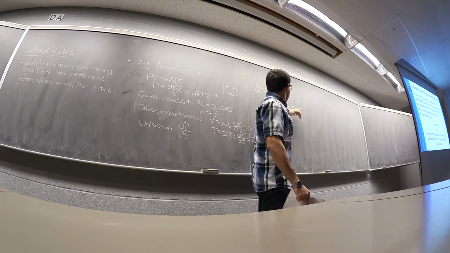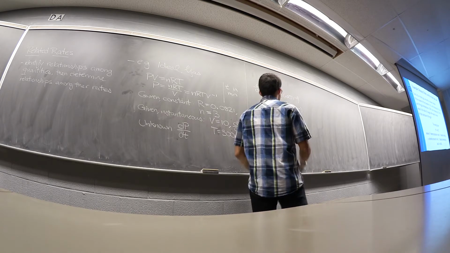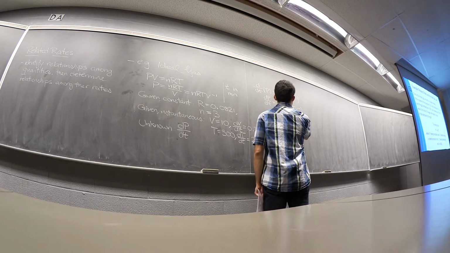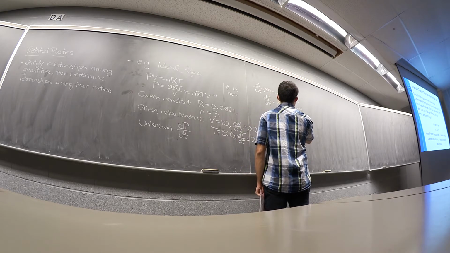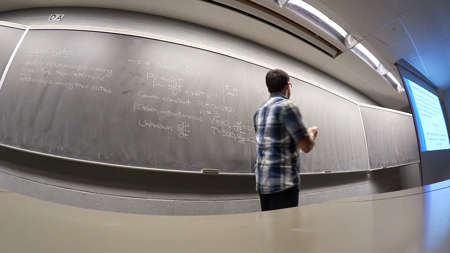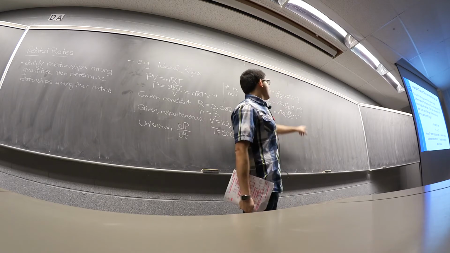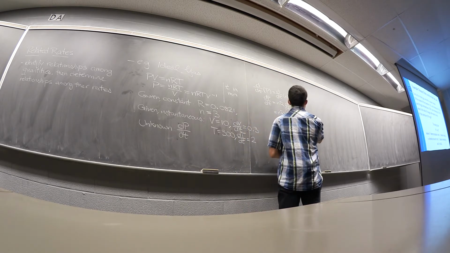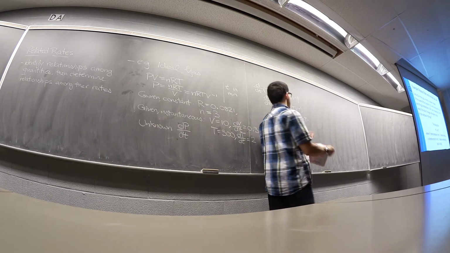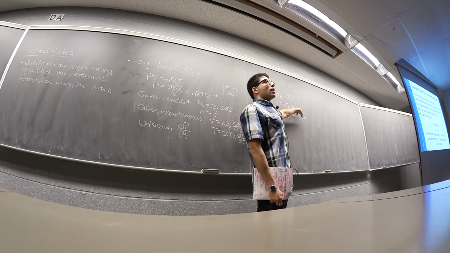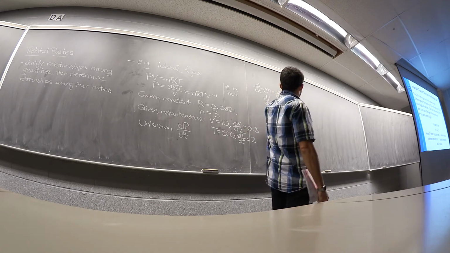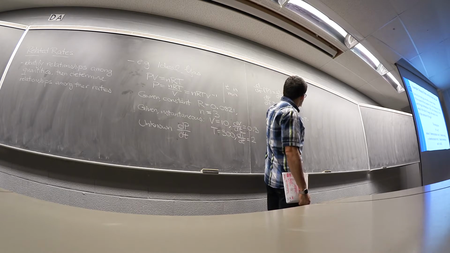Okay, so the derivative of the first guy, derivative of temperature with respect to time, times the second guy, V reciprocal. Plus the first guy times the derivative of the second guy. Here's where I'm forcing you to use chain rule.